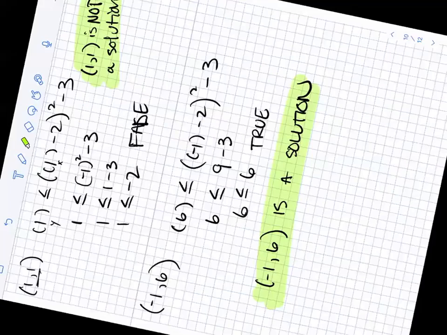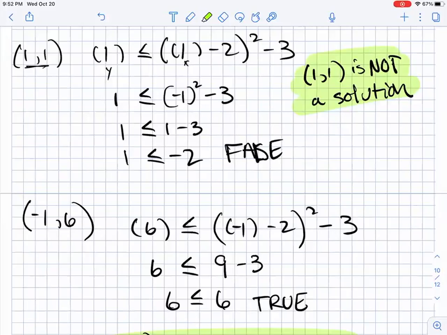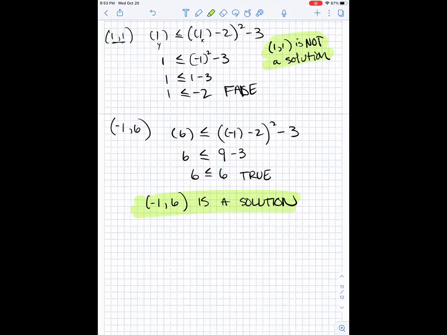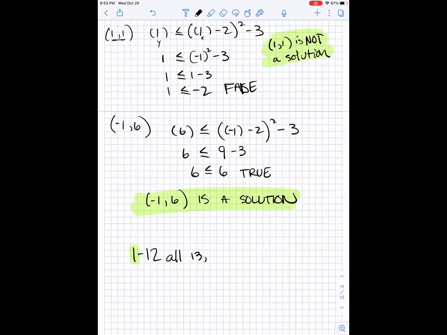All right, if you give me a second, I'll get your homework right here, or your classwork, because you should have time to get this finished while you're in class. It is 1 through 12 all, and 13 and 15.